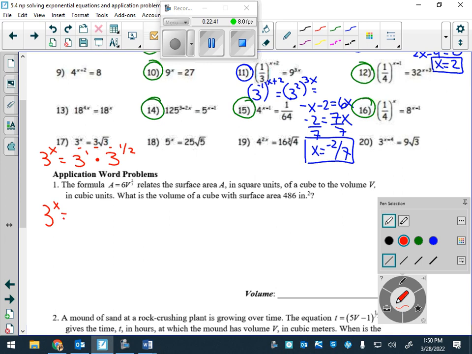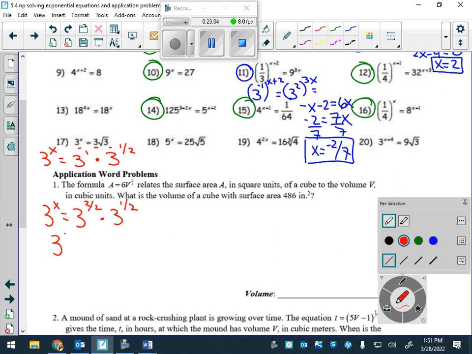So if I have 3 to the x, now, with the same base, what can I do with my exponents? Add. But what do I need before I add? Good.